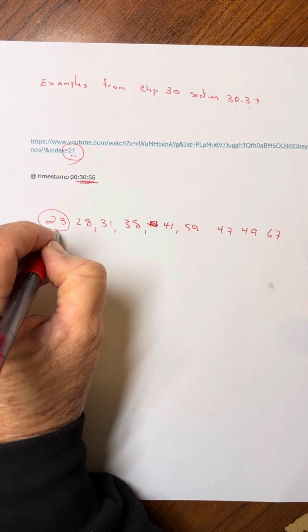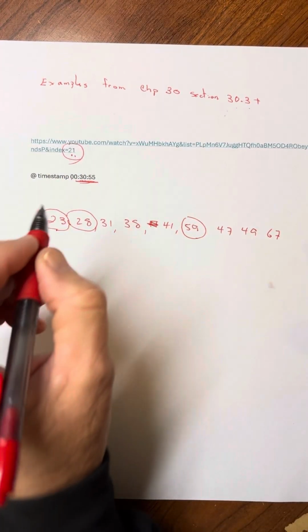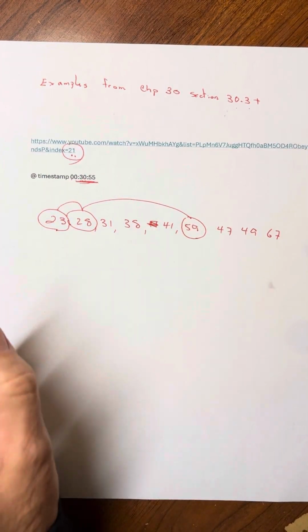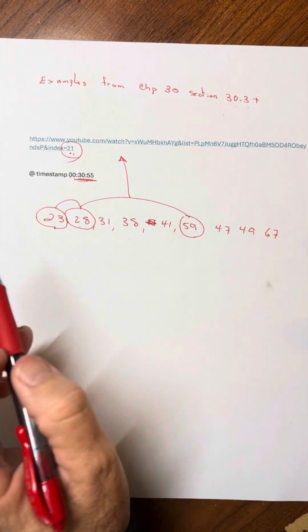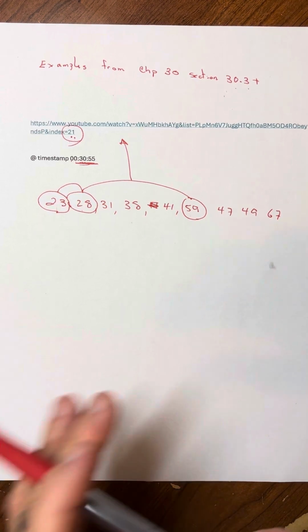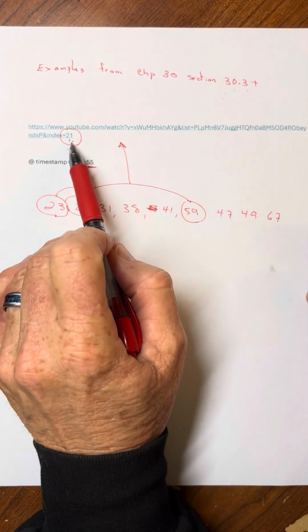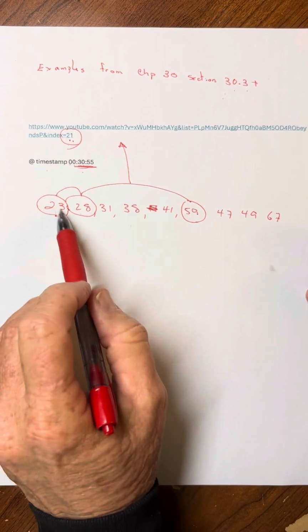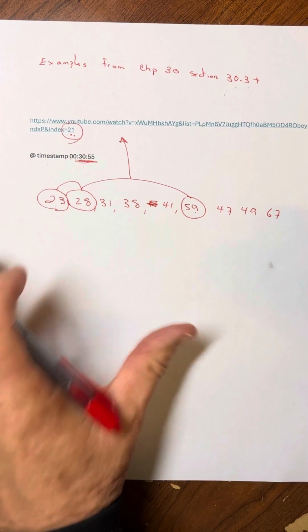And so 3 of these, 23, 28, and 59, I had enough time to do in the video lecture. So again, if you want to see those 3 examples, and that's where I would encourage you to get started, is to watch the end, if you haven't already, video lecture 21, and go to this timestamp and watch me do number 23, 28, and then 59.